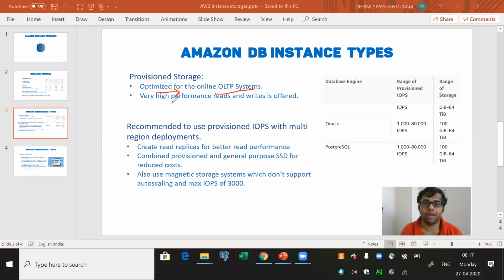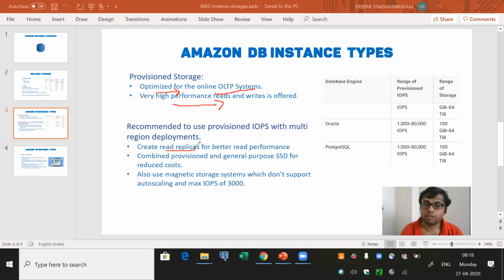It is generally recommended to use provisioned IO with multi-region deployment, for higher redundancy and robustness in your architecture.